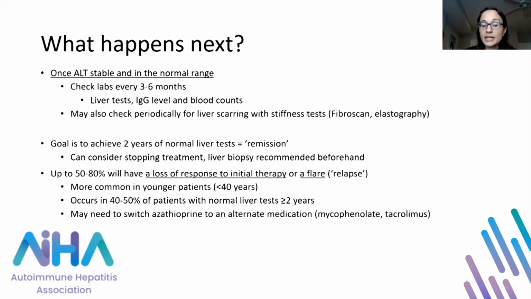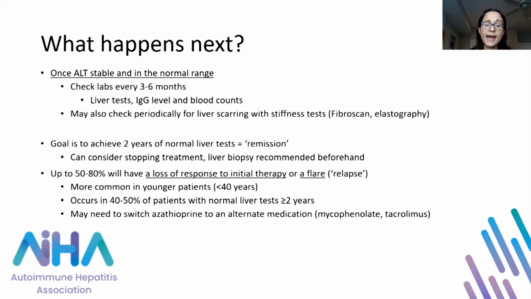Up to 50 to 80% of patients will have a loss of response to the initial therapy, or what we call a flare or a relapse of their disease. It is more common in younger patients, so usually under the age of 40. And it can even occur in up to half of patients who have achieved that 2-year period of normal liver tests.